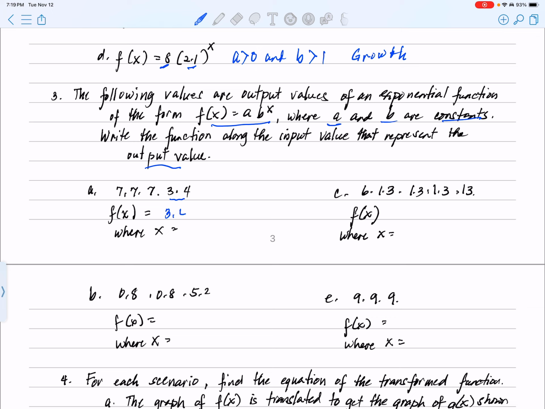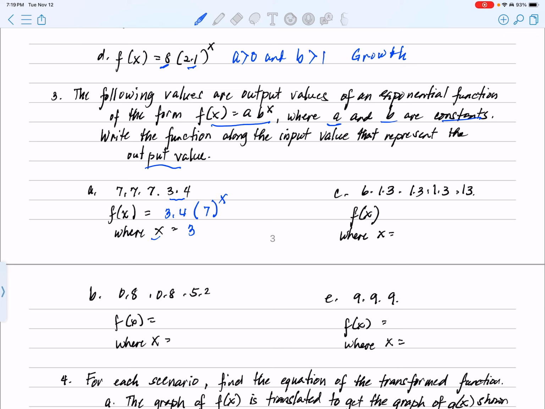And what would be our function? 7 to the power of 3, because it has 3 times. Or without writing that, let's have the function to the power of x, where x is equal to 3. Right? Let's have this.